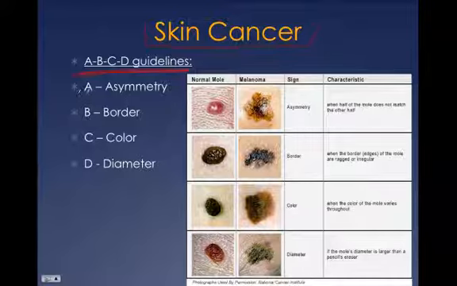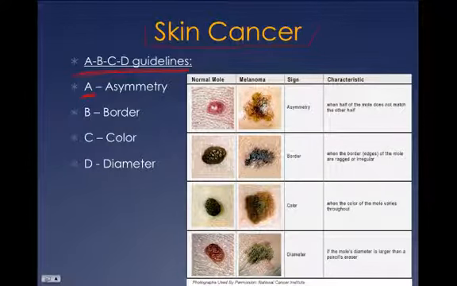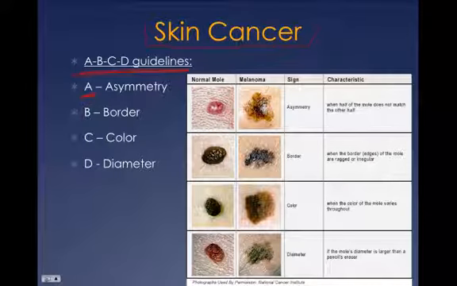So A, okay, in our ABCD guidelines stands for asymmetry. What asymmetry means is in a normal mole here, you can see that it's what we call symmetrical. So literally, if you were to break the mole in half, one half matches the other half, okay?